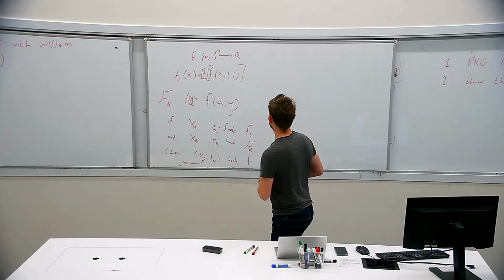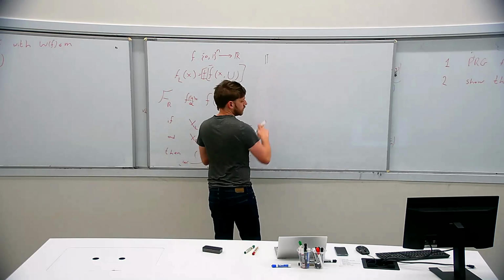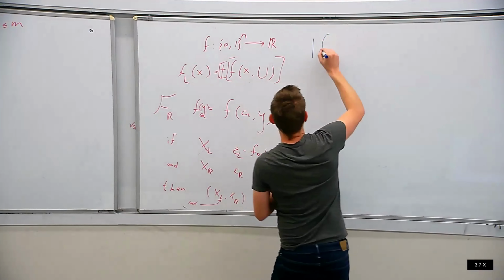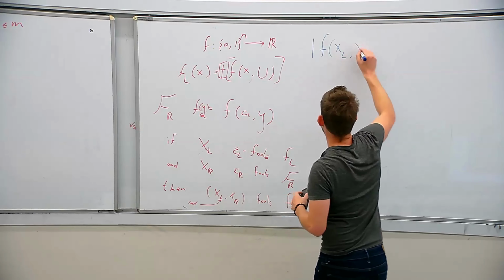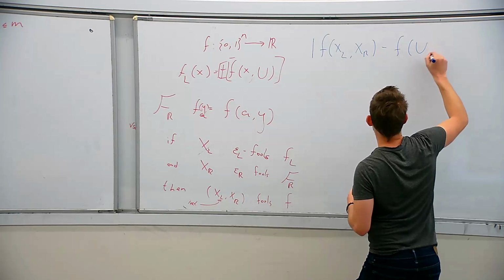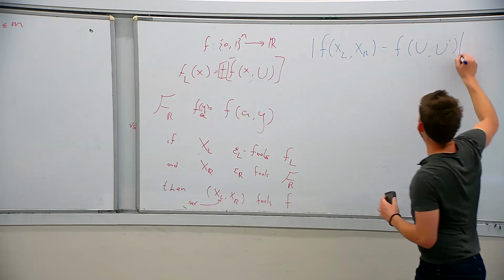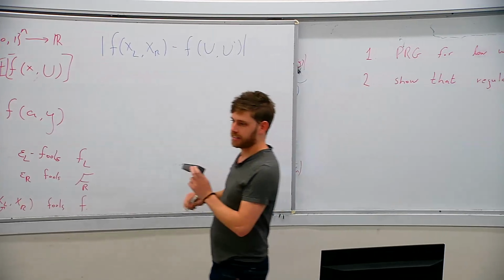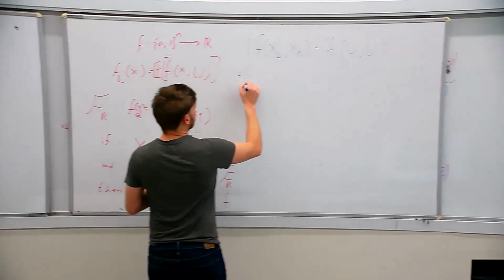So how do you suggest we do it? Let me omit the expectations again. XL, XR minus uniform. What do you suggest? Like a hybrid argument.